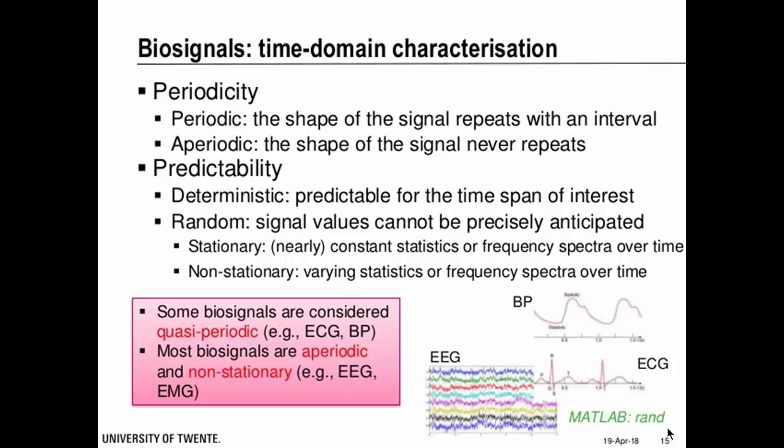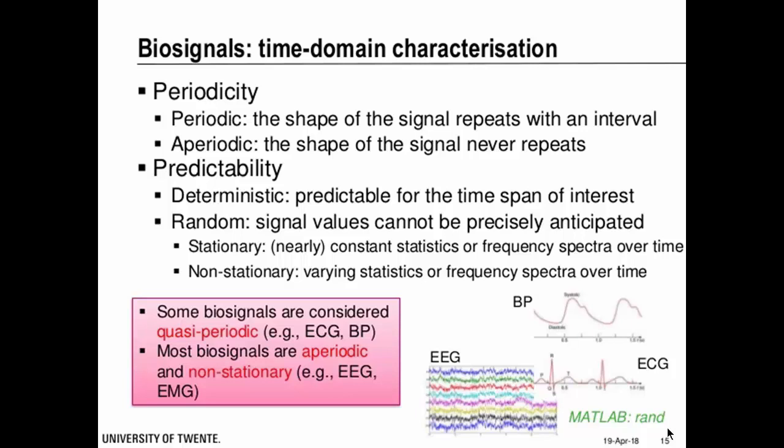Now, you'll find that EEG has both periodic and aperiodic characteristics, which we will look at as well. So I think most of our biosignals are considered down there in the bottom there. What are quasi periodic?